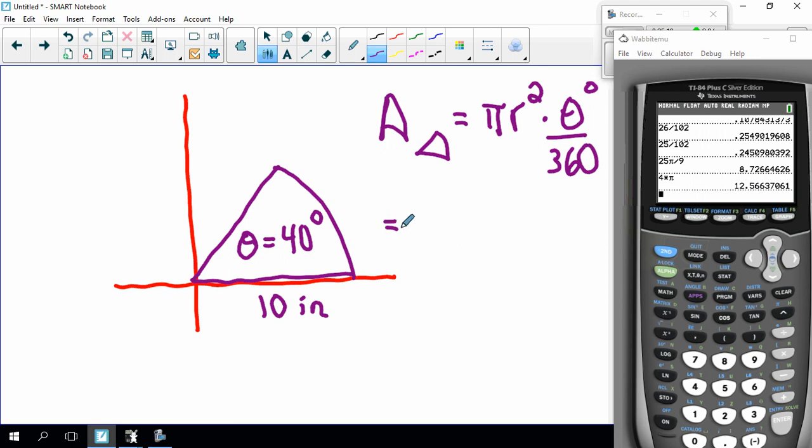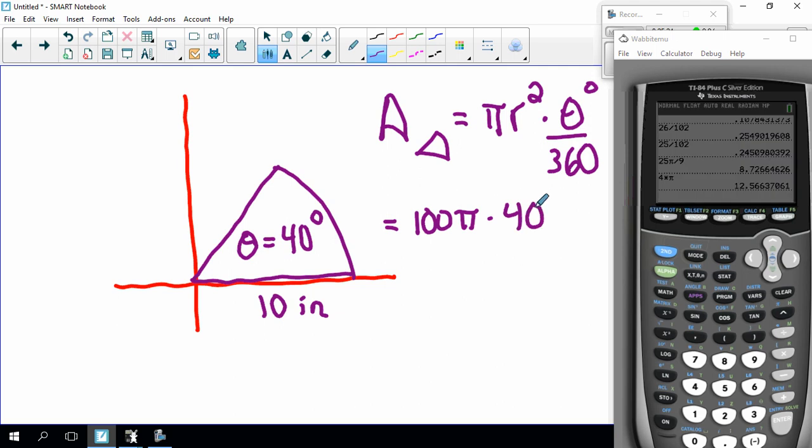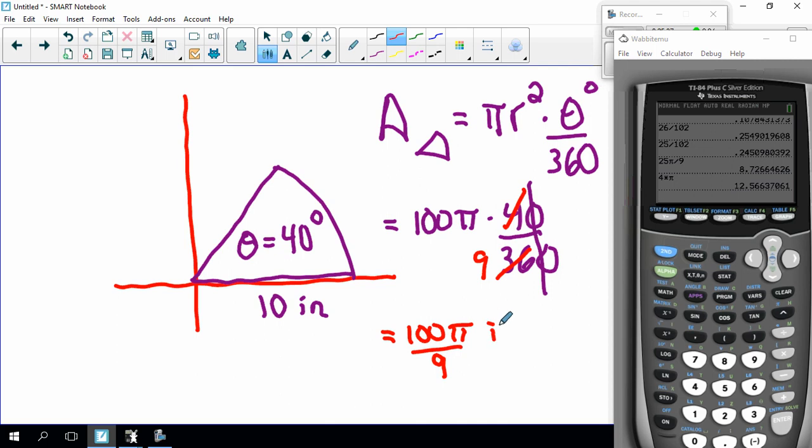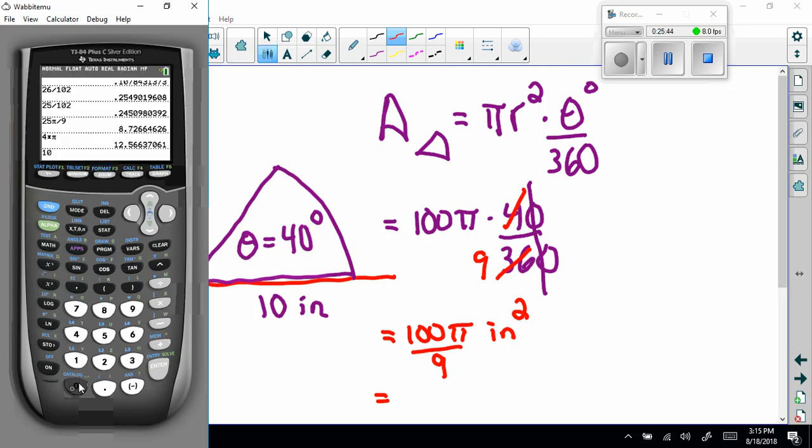So I can find it: 100 pi times 40 over 360, which is 100 pi over 9 inches squared, which is, can't help myself, 100 times pi divided by 9, 34.906.